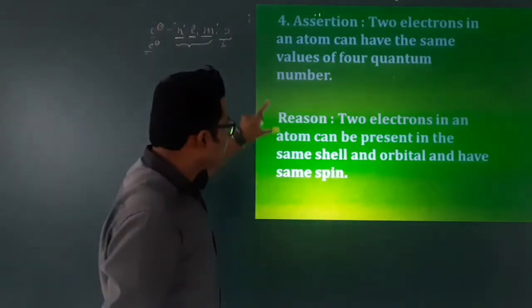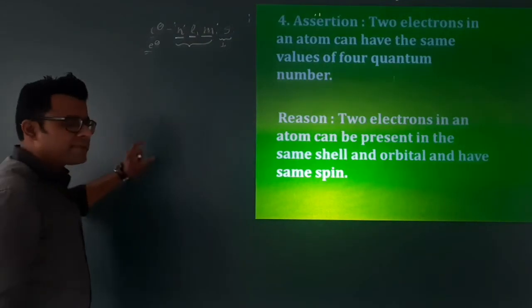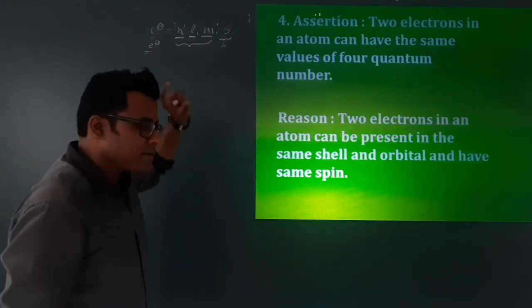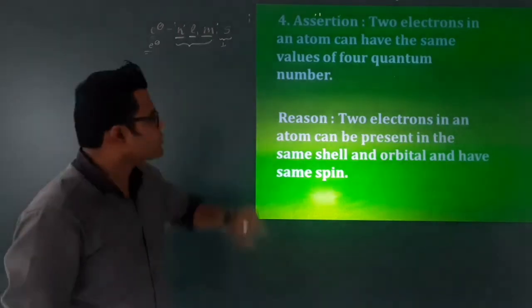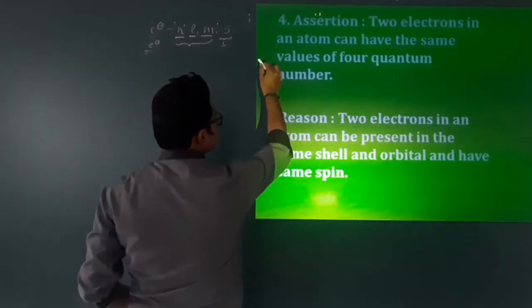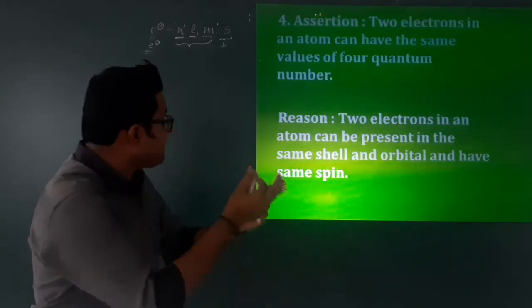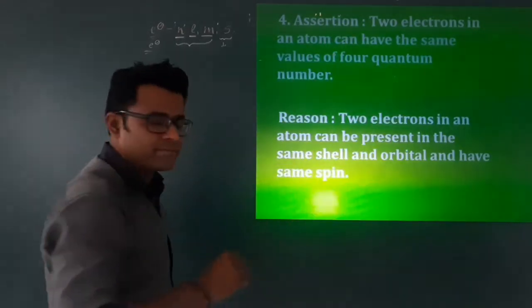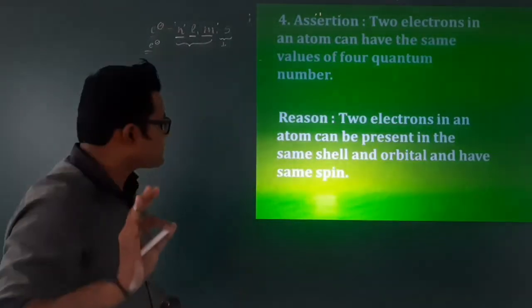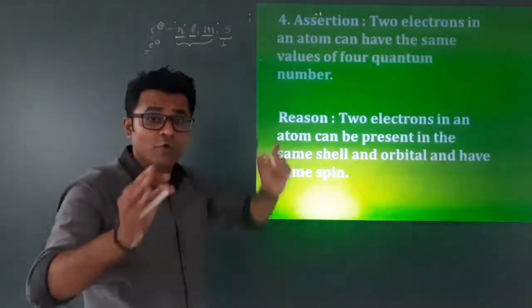So according to Pauli's rule, no two electrons in an atom can have the same values for the four quantum numbers. Therefore, the assertion is wrong. Reason: two electrons in the same atom can be present in the same shell and same orbital and can have the same spin. Perfectly wrong again. So both assertion and reason are wrong.